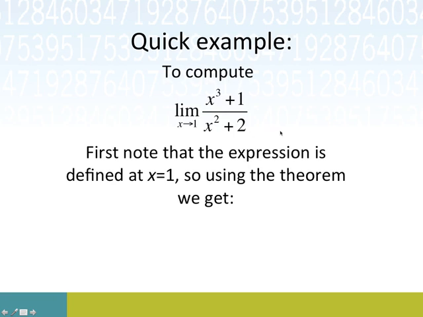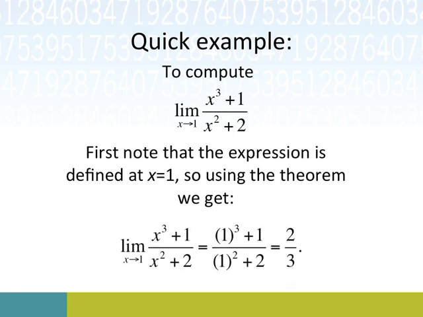So what that means is instead of going through all those big properties, we can just use this nice theorem, which says you have a rational function, you have a limiting value at which the function is defined. So go ahead, get rid of the limit symbols, and dump in 1. The limit is equal to what this expression looks like at x equals 1.